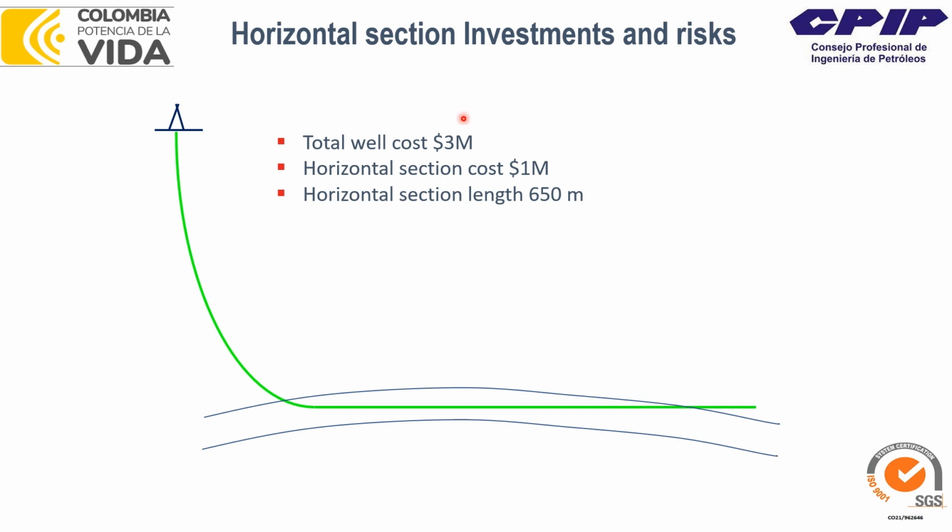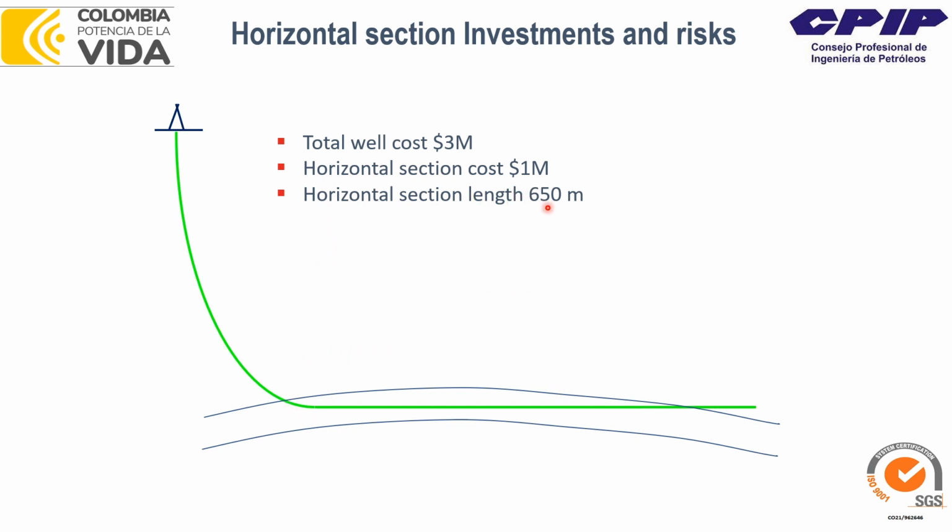So the total well cost to build the well is $3 million, from top to bottom, with all the sections, drilling, cementing, completion, all the operations from the beginning till the end. But the horizontal section, which is this one, costs you 1 million, which is a third of the well, when you drill it with rotary systems and LWD, so it's kind of expensive.